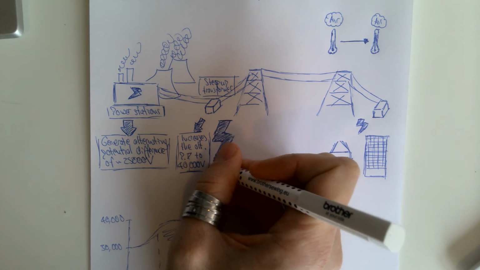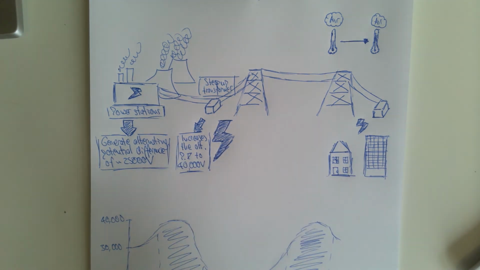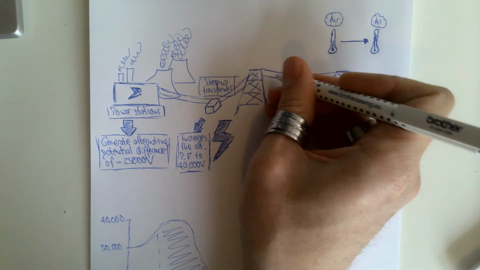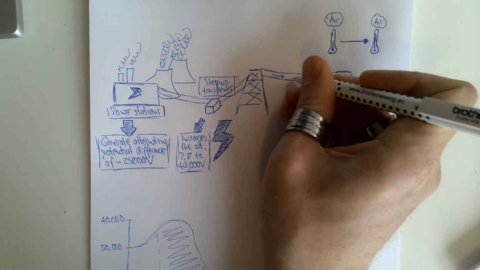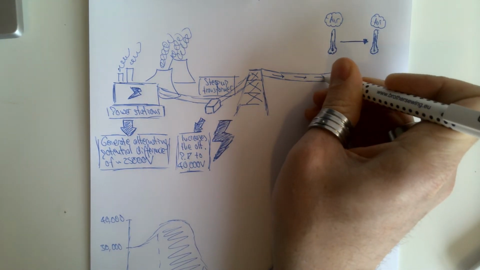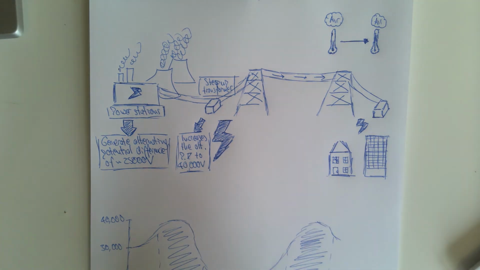So before it goes through any of these cables, the voltage is increased. Now, current then flows through pylons and wires being transported around the country.